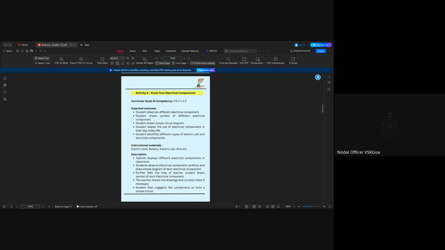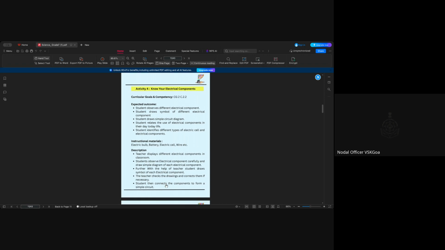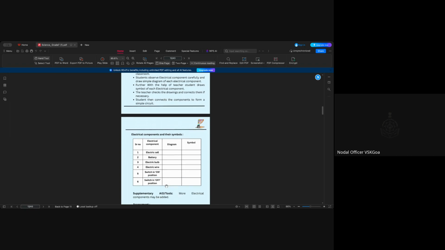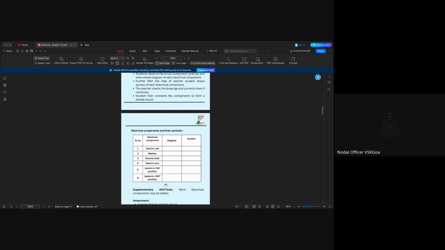This will be a very good idea, and you will find that this particular activity will always help you when you are going to deal with the lesson on electric current and its effects in grade 7. So these are the electrical components. This you already know about, the diagram and symbol.